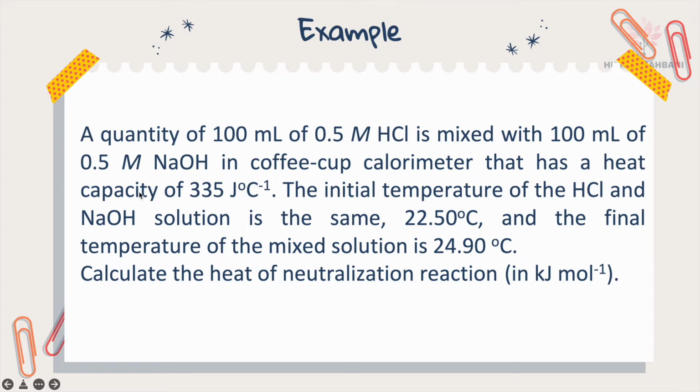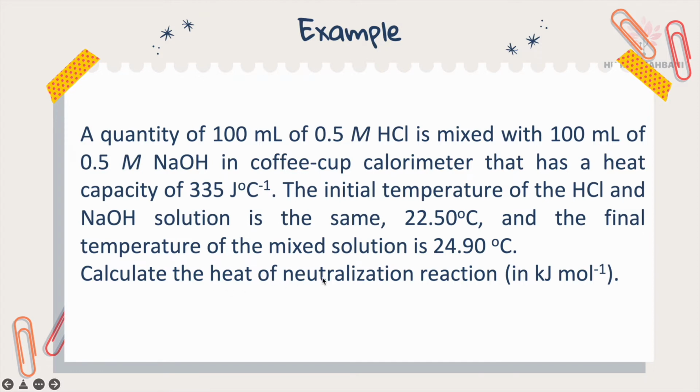So this is the capital letter C, heat capacity of calorimeter. The initial temperature of HCl and NaOH solution is the same, 22.5 degrees Celsius, and the temperature of mixed solution is 24.9 degrees Celsius. Calculate the temperature change and then calculate the heat of neutralization reaction.